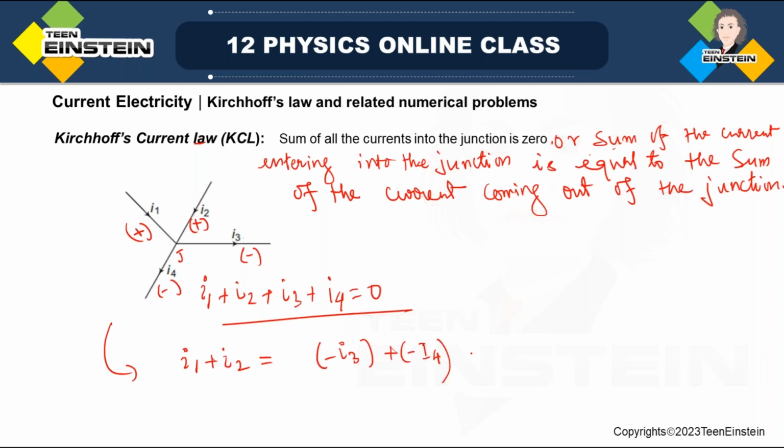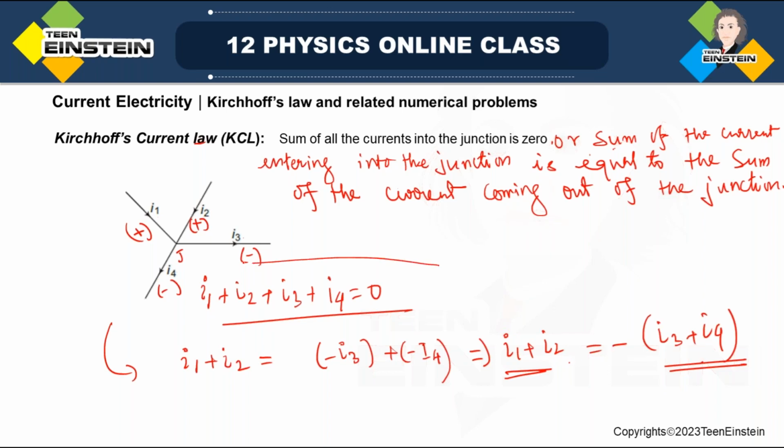So ultimately I1 plus I2 is equal to minus of I3 plus I4. This is the current going out of the junction, and this is the current entering into the junction. Now if I take the right hand side towards the left side, I get the previous formula back. So Kirchhoff's current law has two statements.